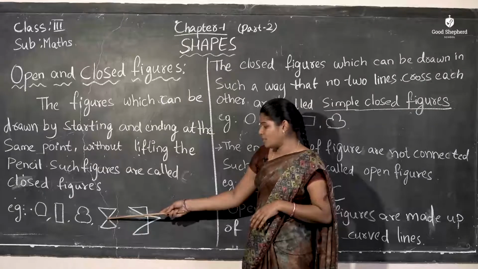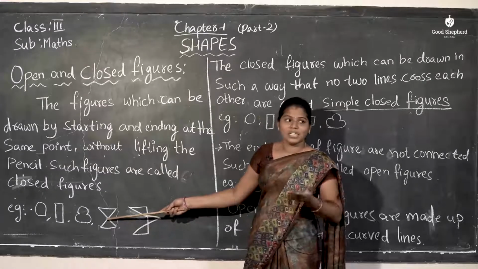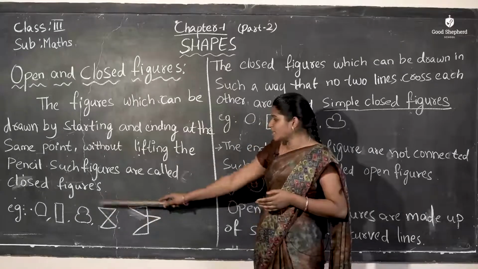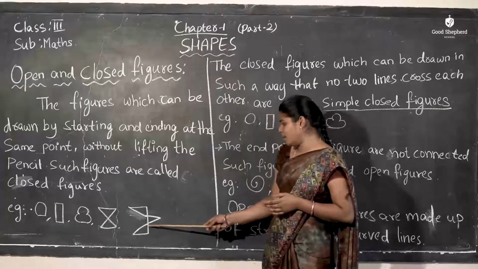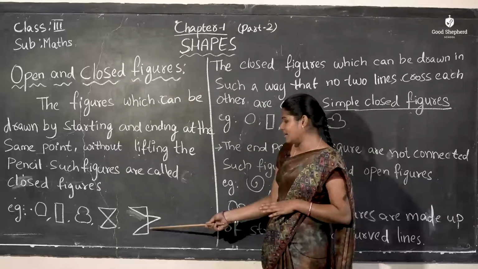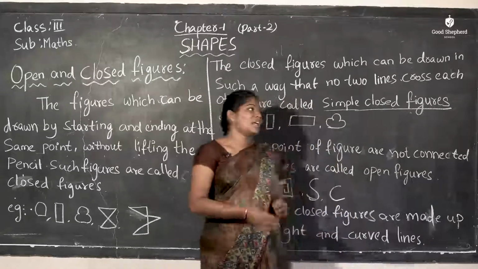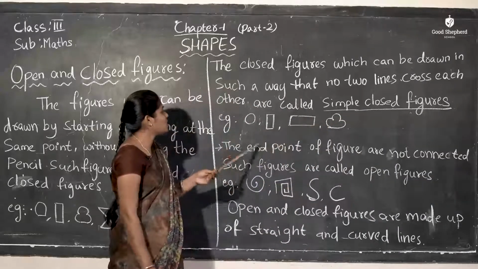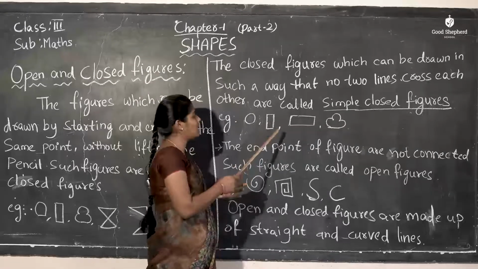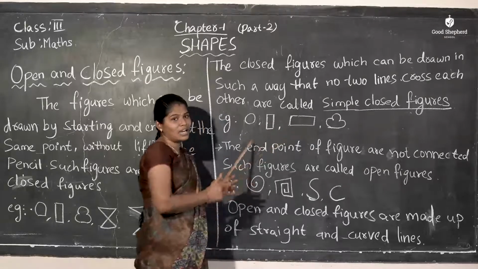This is called the point of intersection. You will learn this in higher classes. In closed figures, such intersection points appear, whereas in simple closed figures there is no line intersection, meaning no two lines come together.